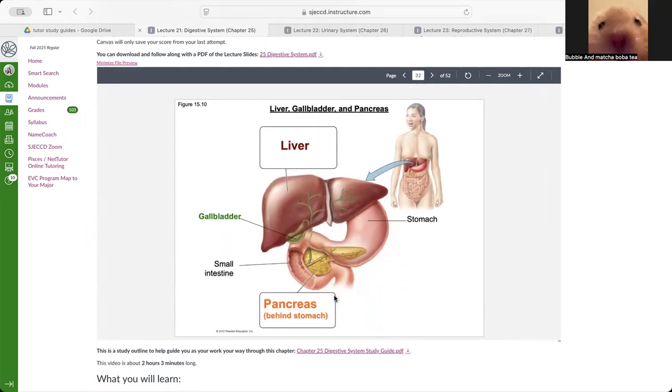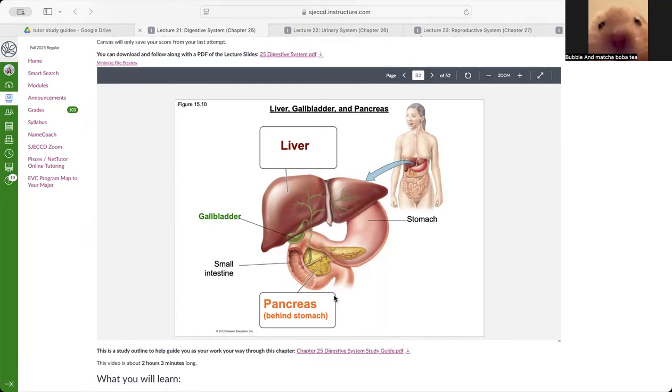Okay, so we have liver, gallbladder, and pancreas. So the pancreas is retroperitoneal, right? Remember what I said? Retroperitoneal would be pancreas, kidney, and there was one more. It's behind the stomach.